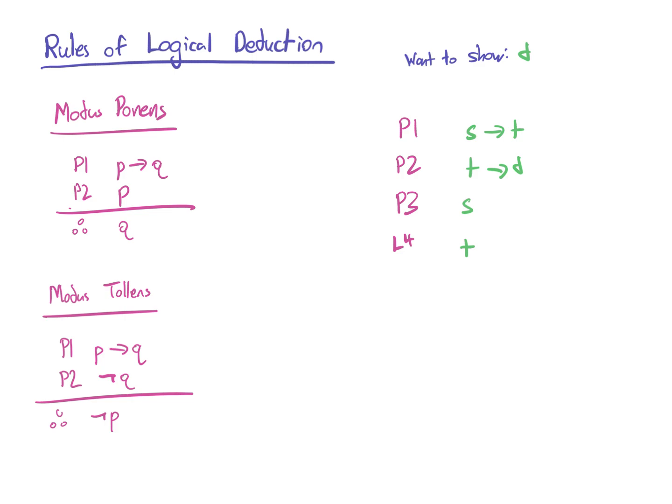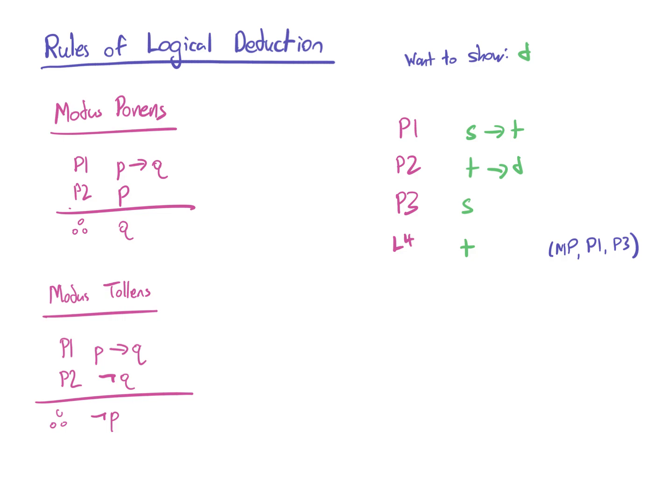And it's not a premise. Premises don't require justification, but this is not a premise, so I need to justify it. So I'm going to write MP for modus ponens with premise 1 and premise 3. So I'm saying both what rule I used and what I used it with: modus ponens, with premises 1 and 3.